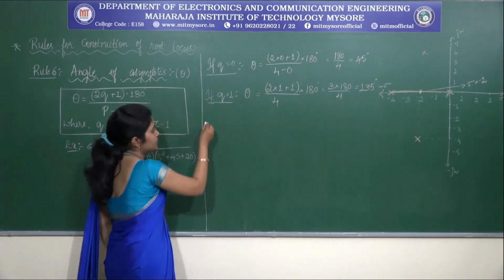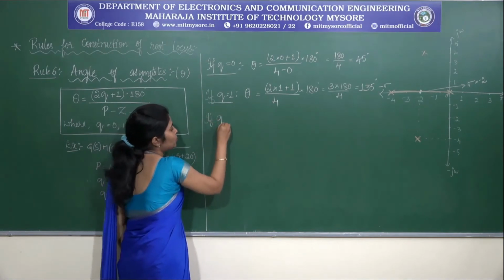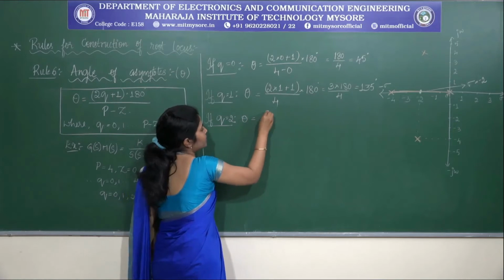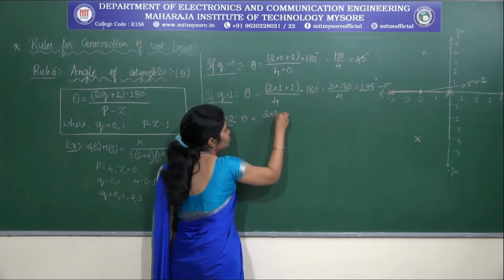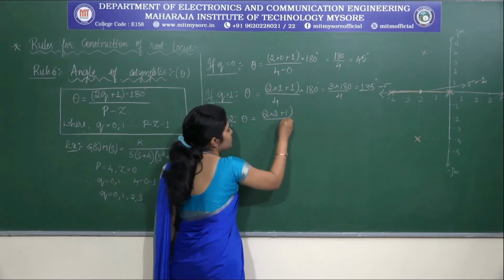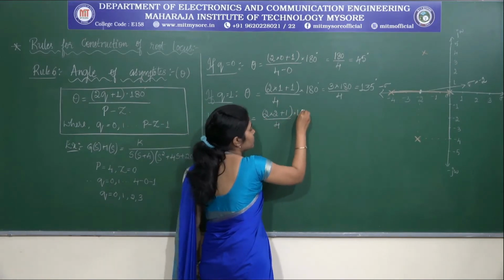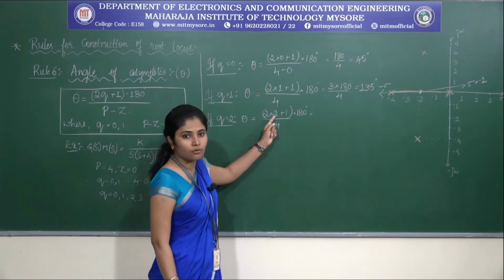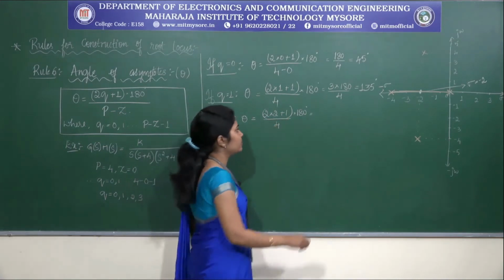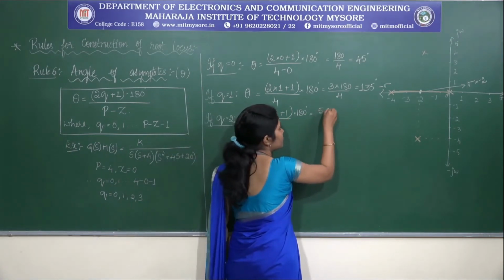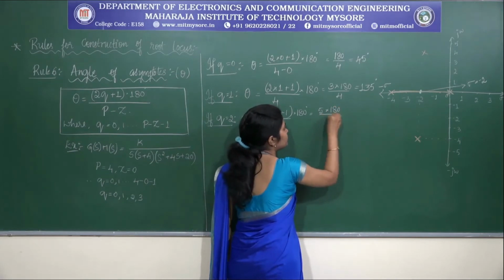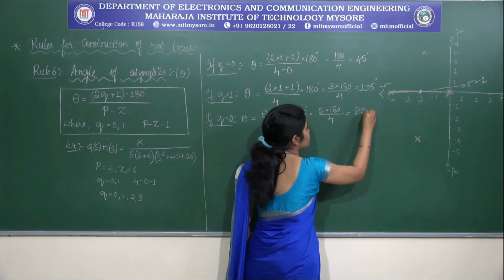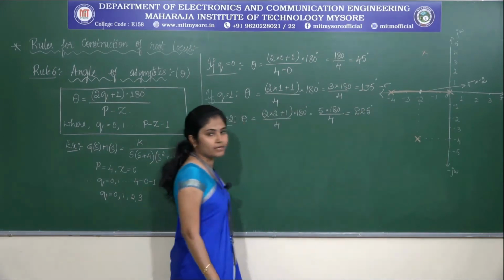Now if q is equal to 2, theta will be equal to (2 into 2 plus 1) divided by 4 into 180 degrees. 2 twos are 4, 4 plus 1 is 5. So it is 5 into 180 divided by 4, which gives us 225 degrees.